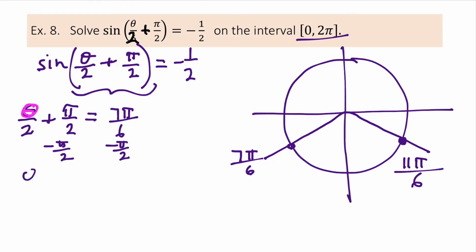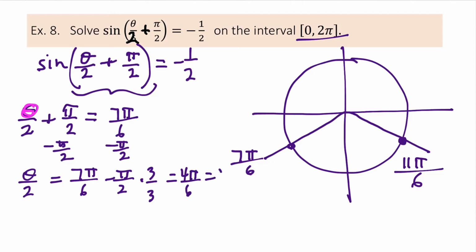So that means theta over 2 is equal to 7 pi over 6 minus pi over 2. So I need a sixth in the bottom here. That's 7 pi over 6 minus 3 pi over 6, which is 4 pi over 6, and that reduces to 2 pi over 3.